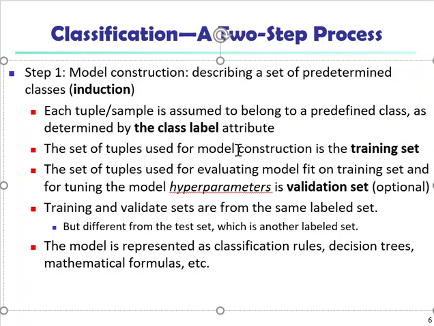And we might also use another part of the labeled set to evaluate the models that we learned currently, to see how well they fit, and we tune the model's hyperparameters. Those data sets are called validation sets.